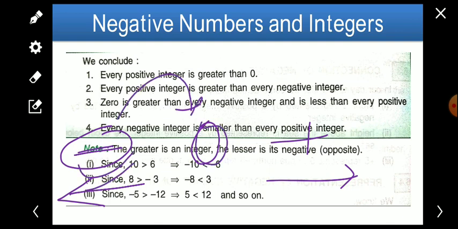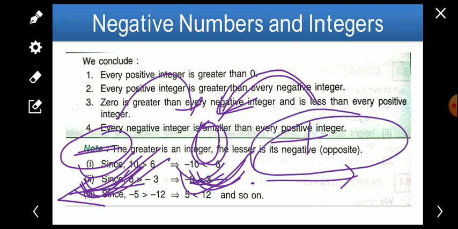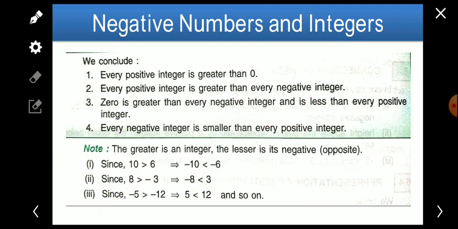Sorry, negative integers are smaller, and 0 is bigger. So 0 is bigger than all the negative integers, but 0 is smaller than all the positive integers. Why? Because 0 lies on the left side of each and every positive integer. So these things we have understood.